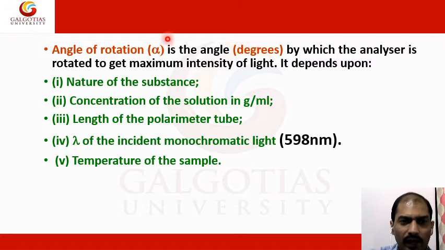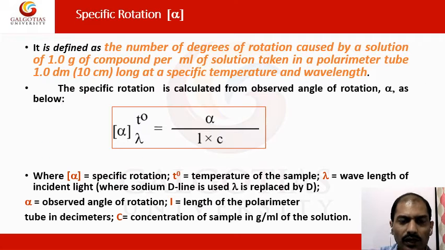The length of the polarimeter tube in which you keep your sample also matters here. The lambda of the incident monochromatic light and the temperature of the sample are equally important. These are certain conditions important to plane polarized light.